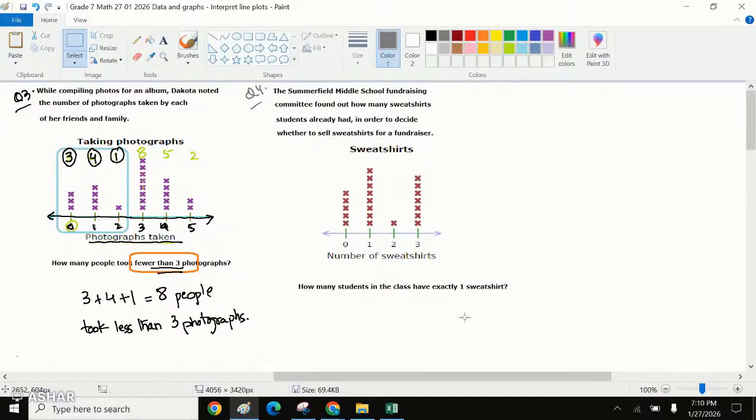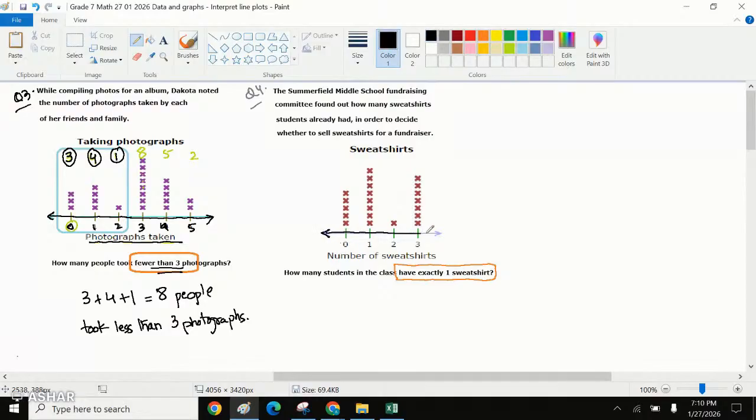This is the information that's been provided to us, and they are asking how many students in the class have exactly 1 sweatshirt. Exactly 1 would mean this x-axis represents the number of sweatshirts.